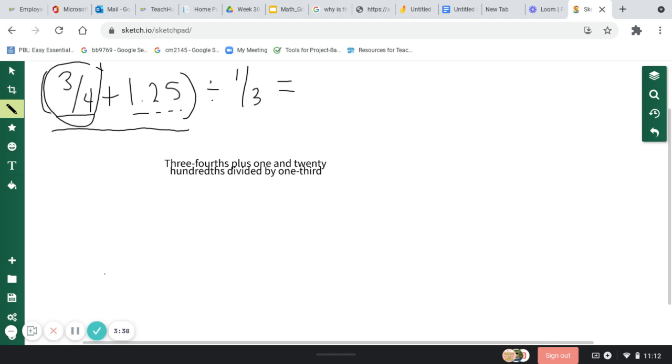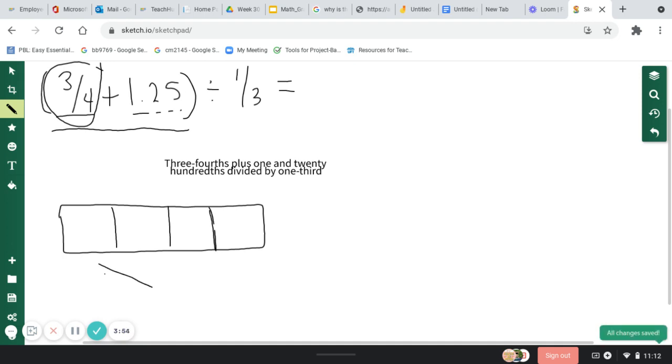So 3/4. Let's say I had a rectangle and I break it into fourths. We need to concentrate on 3 of these fourths because that is what's represented by the numerator. So I have my 4 equal parts here, and I need to see how much 3 of these fourths equal.